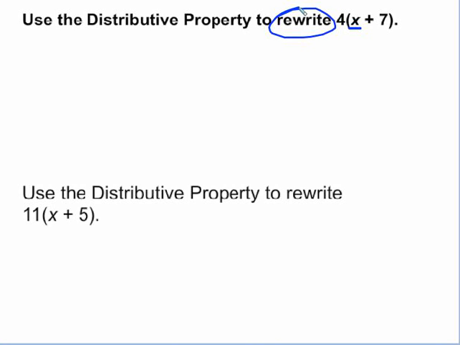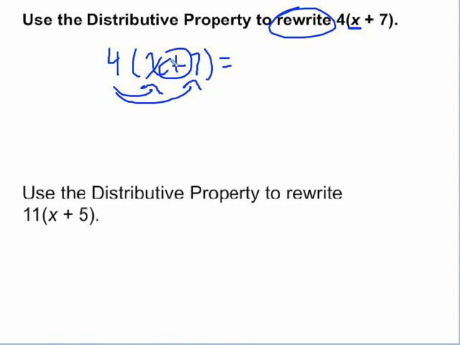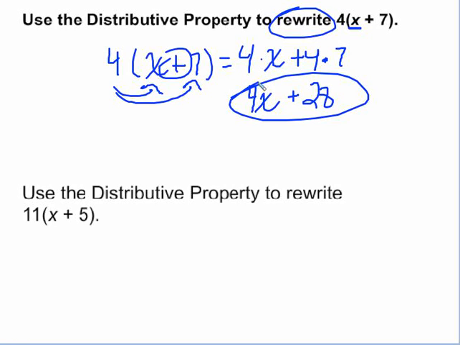Just like I did yesterday, I know that this is going to be equal to 4 times x plus 4 times 7. I don't know what x is, so I'm going to leave that as 4x, because remember, 4 times x can just be written as 4x. But I know that 4 times 7 is 28. And this is actually my final answer in this case.